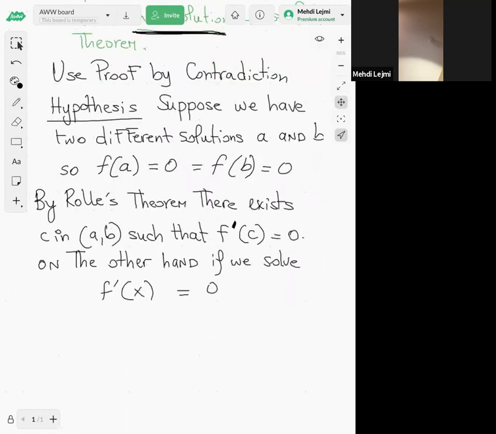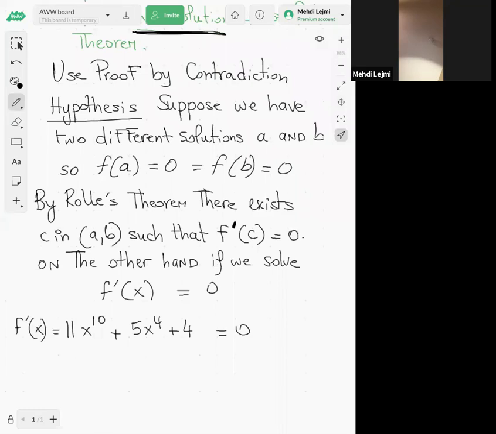The derivative of x to the power 11 is 11x to the power 10, plus the derivative of x to the fifth, which is 5x to the fourth, plus 4 times 1, minus the derivative of the constant 2, which is just 0. So this is my f prime of x, right?